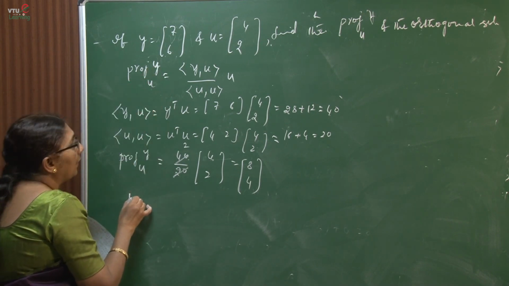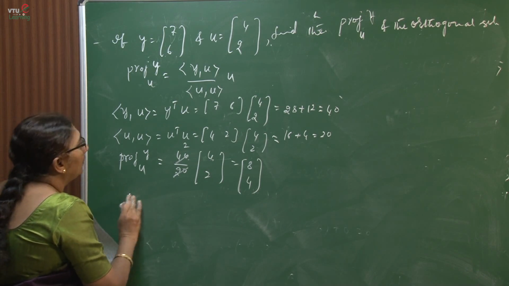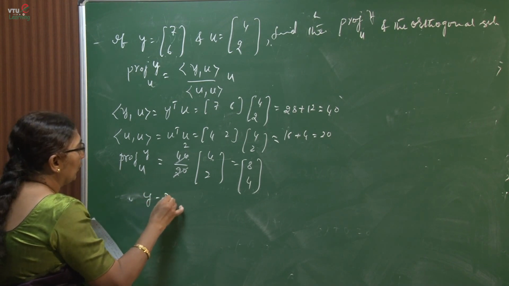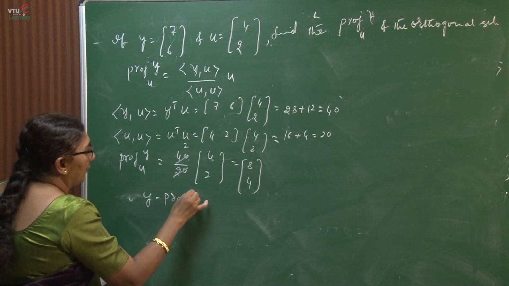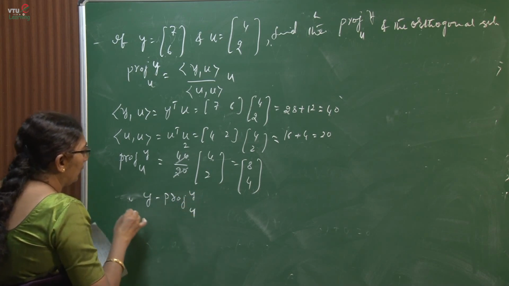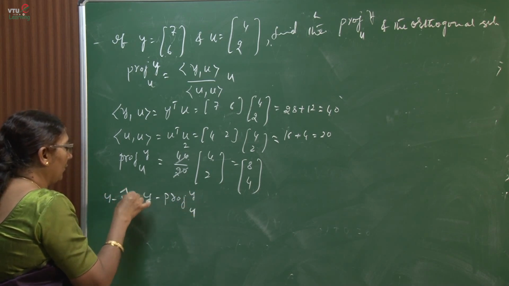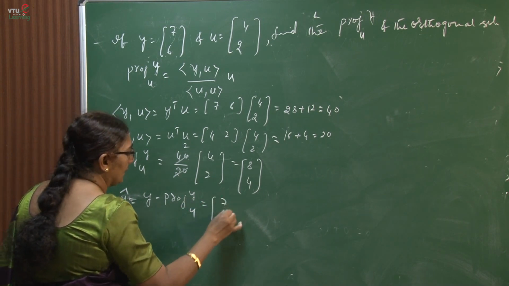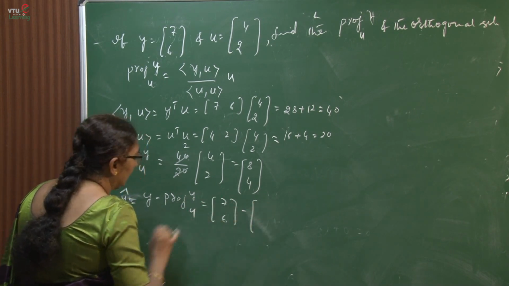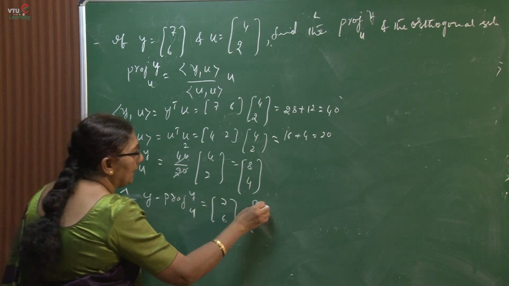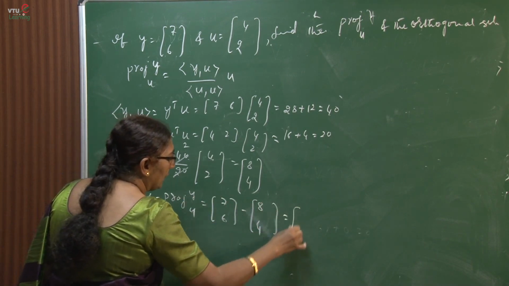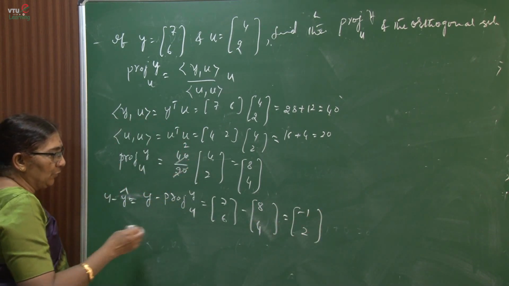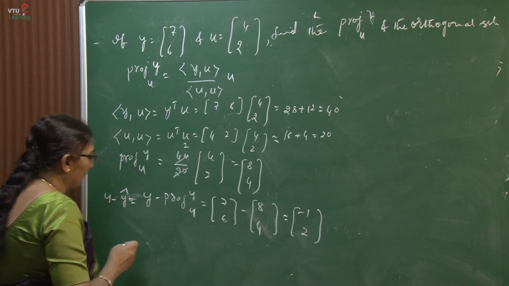It is enough to find y minus proj of y with respect to u, meaning y minus y cap. What is y here? (7, 6), minus proj of y, which is (8, 4). What's the remaining? (-1, 2). Subtract the vectors; the corresponding components have to be subtracted.